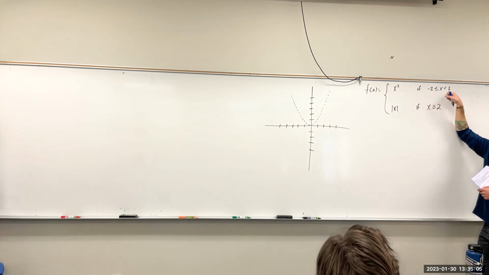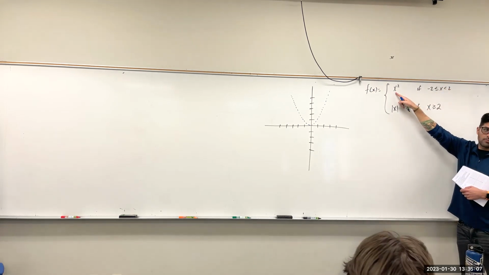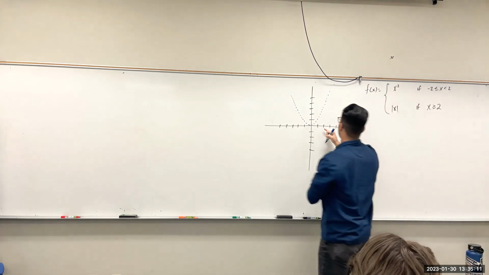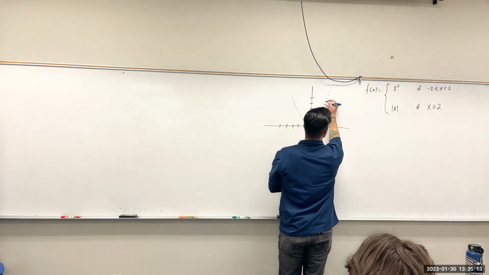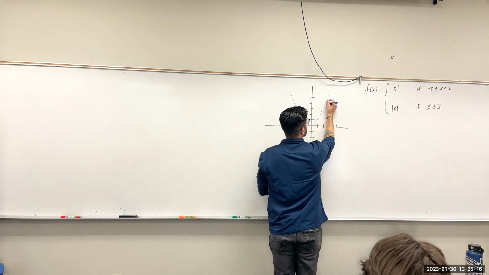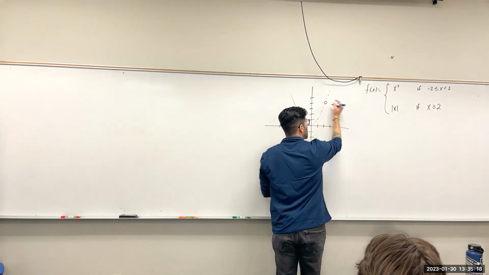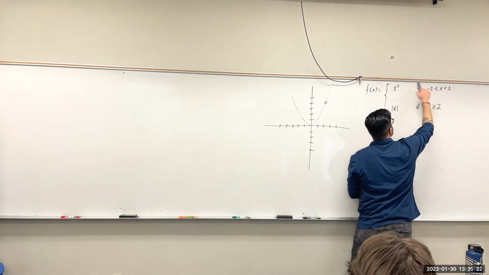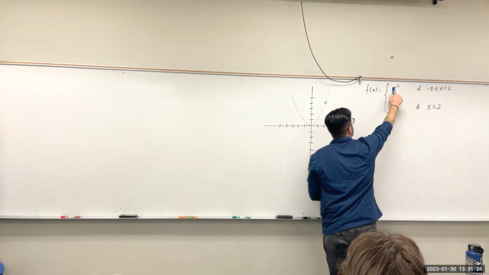So when you plug in 2, you plug it into the first function. What's 2 squared? 4. So that means you have a point at (2, 4). Open or closed? Open, because it does not equal the 2. What about when you plug in x equals -2 and you square it?